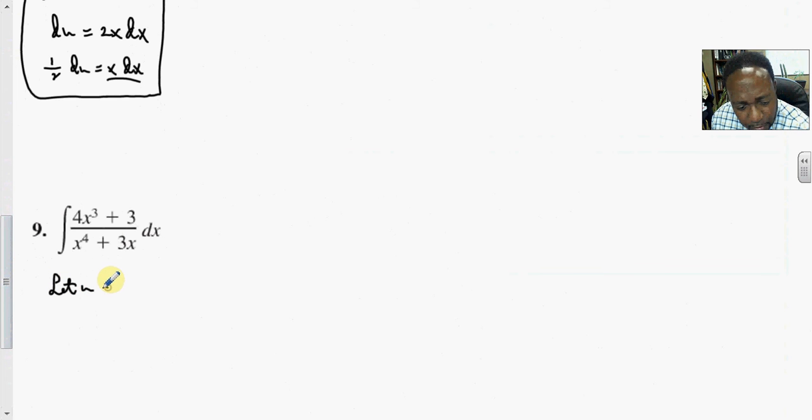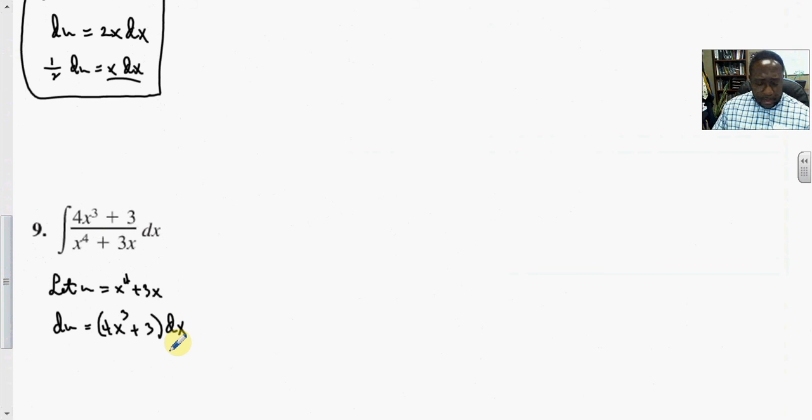So let u equal x to the fourth plus 3x. So du is 4x to the third plus 3, all with respect to dx.